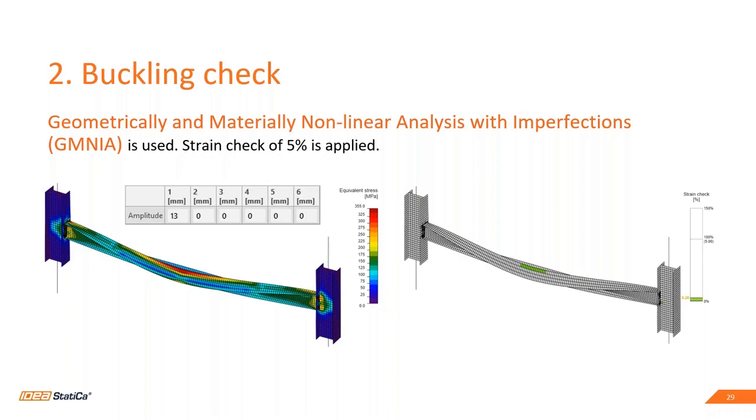The value is not random, it's calculated based on the formulas you will find in the national standard. With such a loaded model, we will run the third analysis, which is the geometrically and materially nonlinear analysis with imperfections. The result of it is, again, the picture of stress, of strain, and the check of the plastic strain.